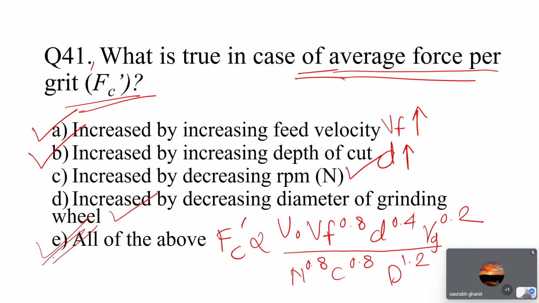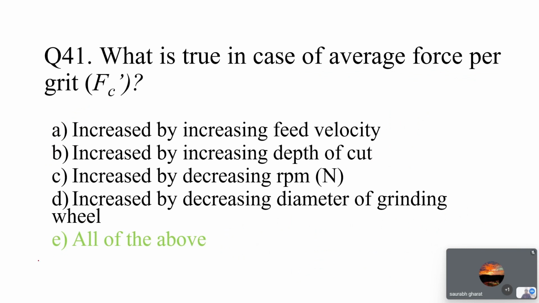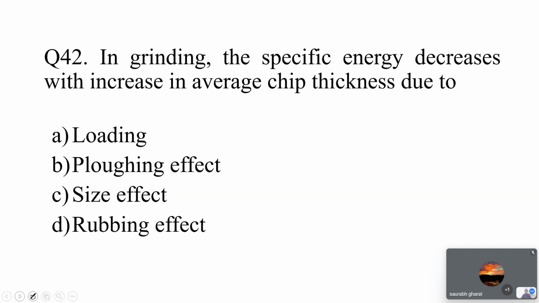If you know this concept, then your answer is simply all of the above. Okay. So in grinding, the specific energy decreases with increase in average chip thickness due to what?